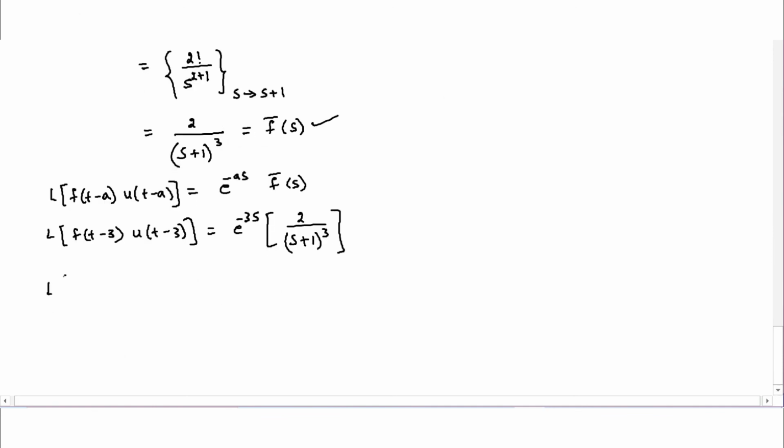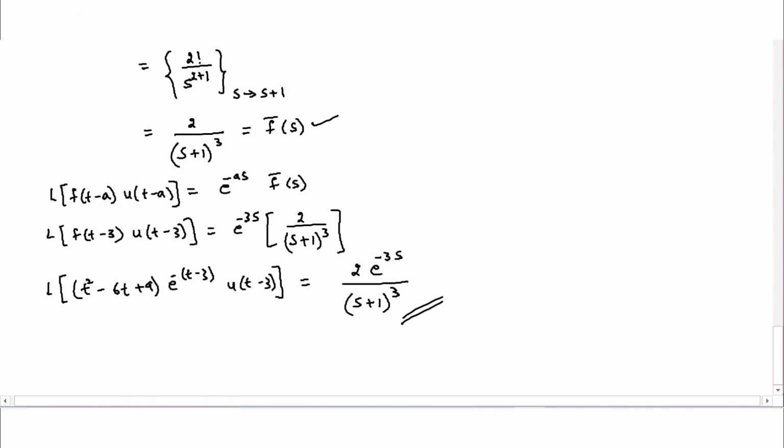You have the Laplace transform of t square minus 6t plus 9, that is the question, into e power of minus of t minus 3, into u of t minus 3, which will be equal to 2 times e power of minus 3s divided by s plus 1 whole cube. That will be the required solution.